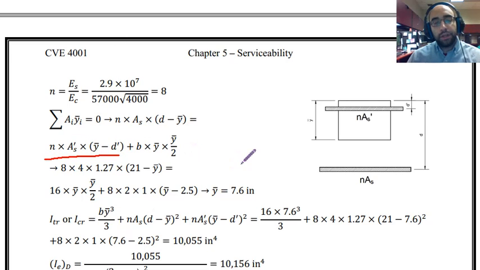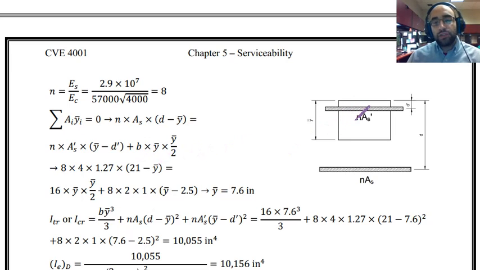And for the compression concrete that I have over here, the area is equal to B multiplied by Y bar.